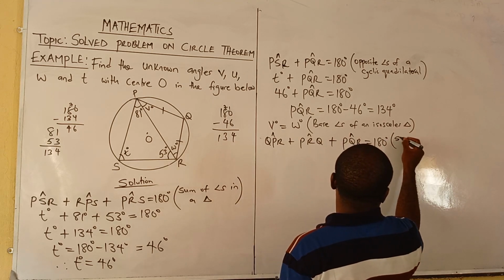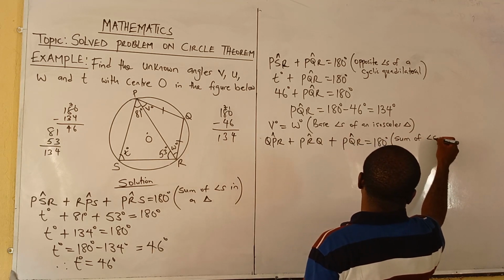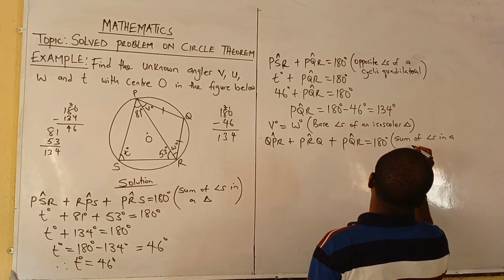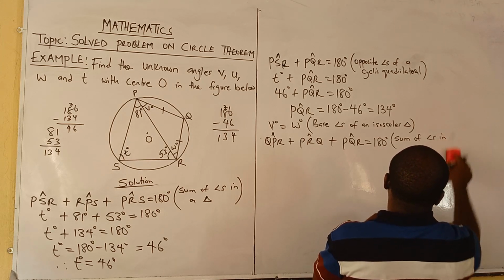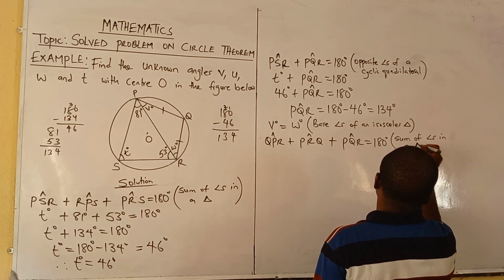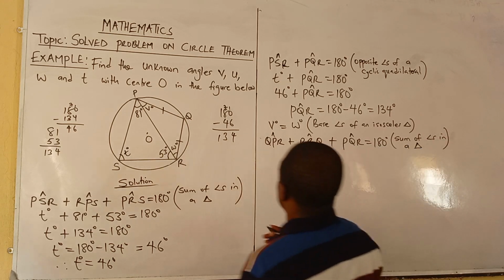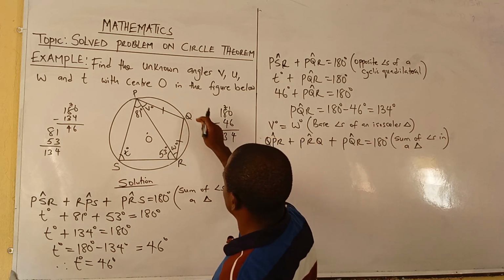What's the reason? Sum of angles in a triangle. What's the angle QPR?